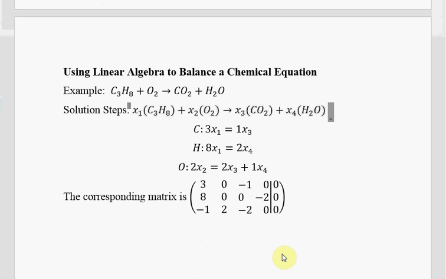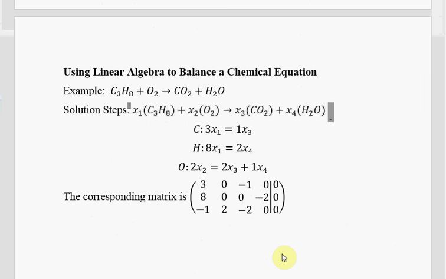For the carbon, I assign this first term x sub 1. I count how many carbon I have there. I have 3, so 3 times x sub 1. I don't have any other carbon over here. It's equal to x sub 3, where I have only 1 carbon. So 1 x sub 3.